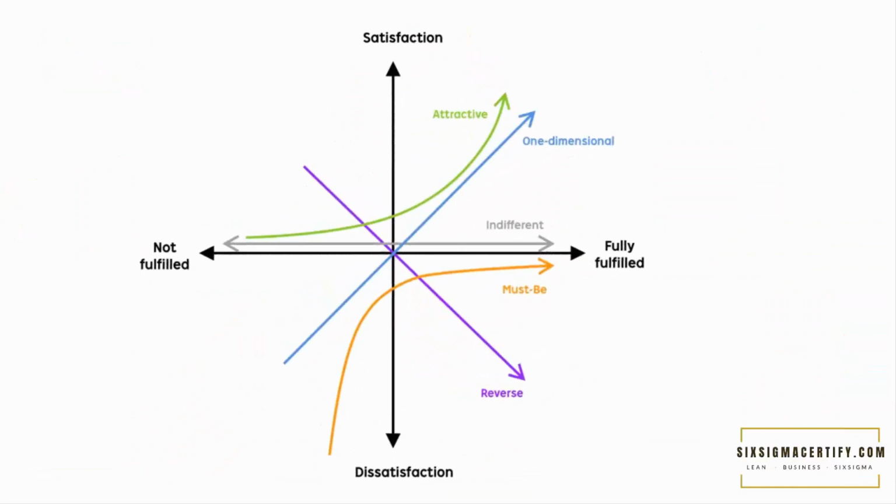This is an example of the Kano model which is used in the voice of customers. That means we try to fulfill the customer's expectation based on their needs. There may be different needs of the customers, which may be one-dimensional, attractive needs, or must-be needs, or reverse needs, etc. So the whole motto behind the voice of customers using the Kano model is addressing the customer's needs or preferences correctly.